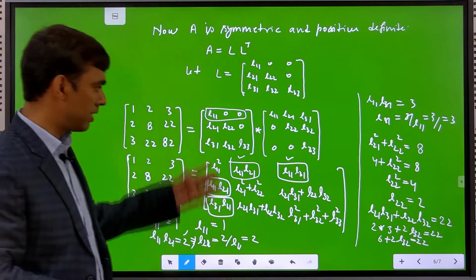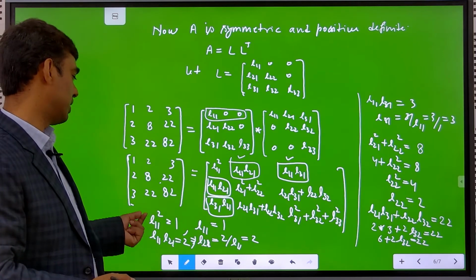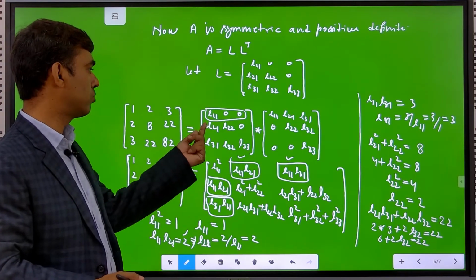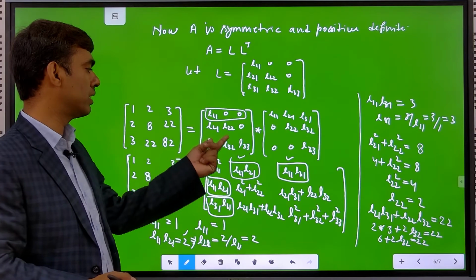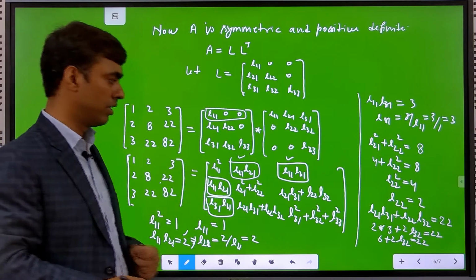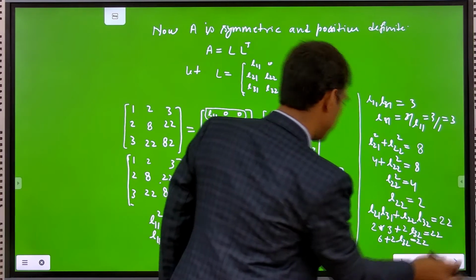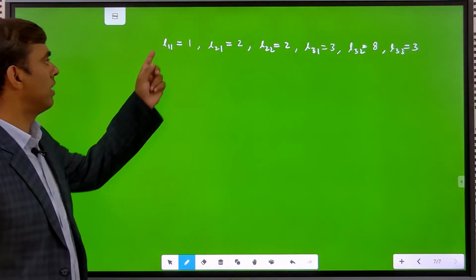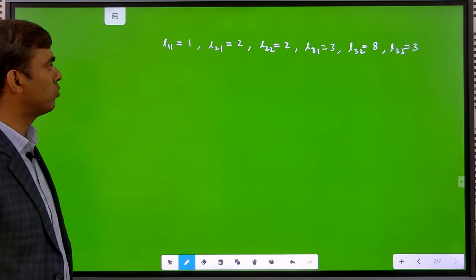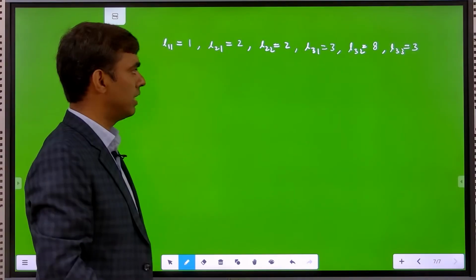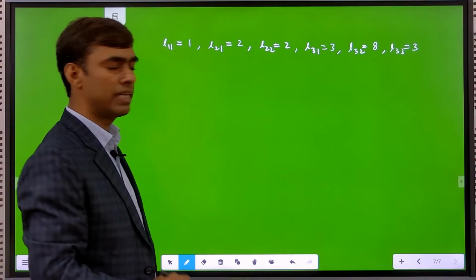In this manner we calculate all the values L11, L21, L22, L31, L32, L33. In the next phase we write the values of all of them.